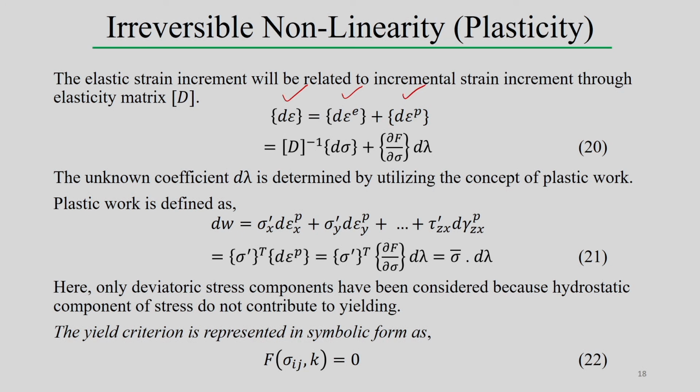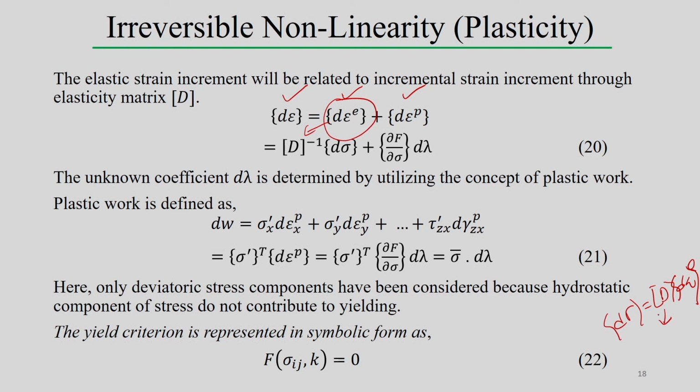For the elastic part, dσ equals the D matrix times dε. So in that case, instead of D_EP we use D, because the analysis of the domain is below the elastic limit.